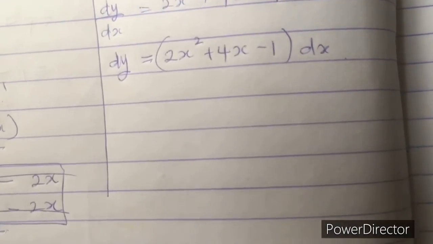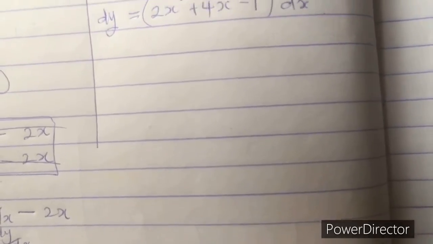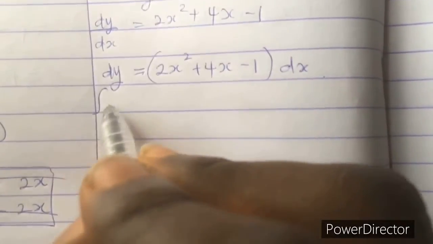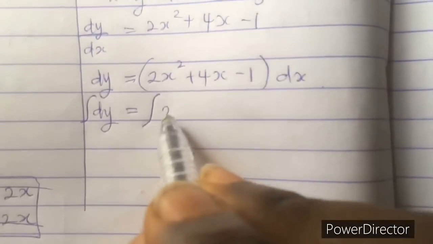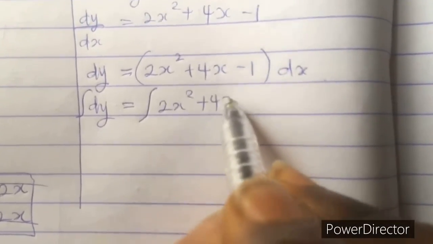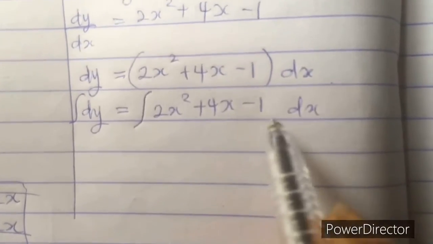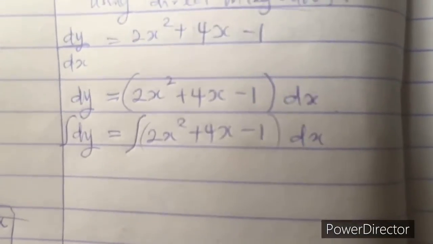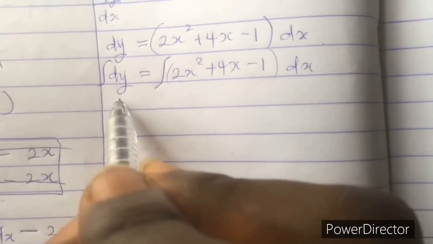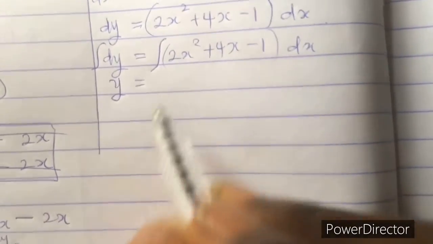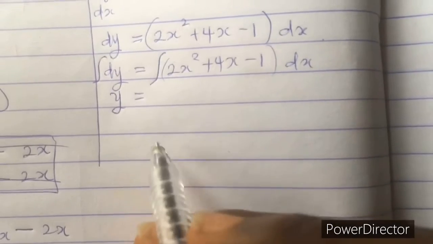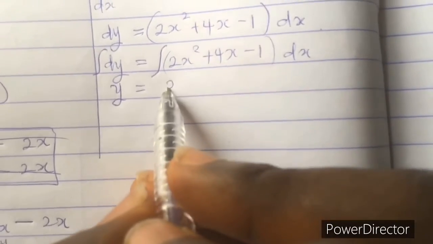So the next thing we have to do is just to integrate. When you integrate dy, it equals the integral of 2x squared plus 4x minus 1 dx. This will give you your y, and when you integrate this, this will give you 2 over 3.